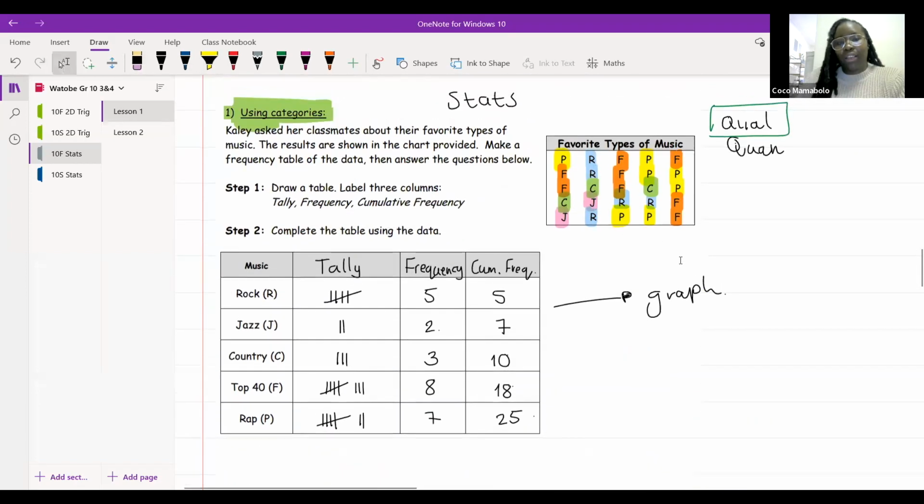Now up here, do you notice how we're counting things like rock and pop and rap? That is qualitative. Different. I understand. Excellent, good stuff.